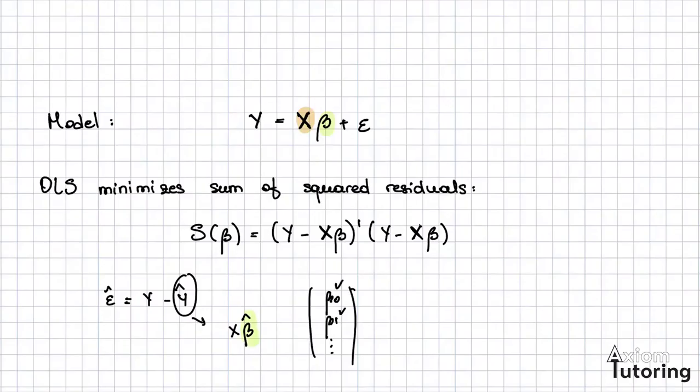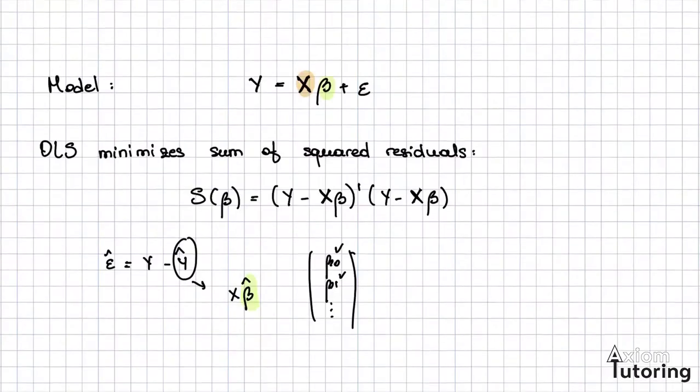So, keeping in mind that the residual is simply the difference between the true y and the estimated results, we are going to write the epsilon hat simply as y minus x beta.